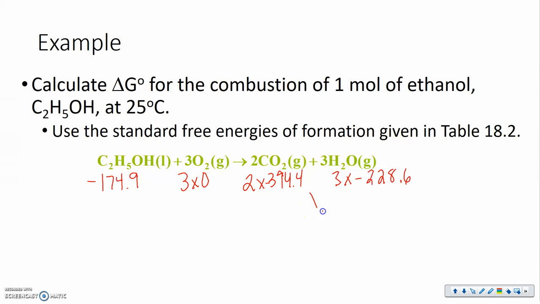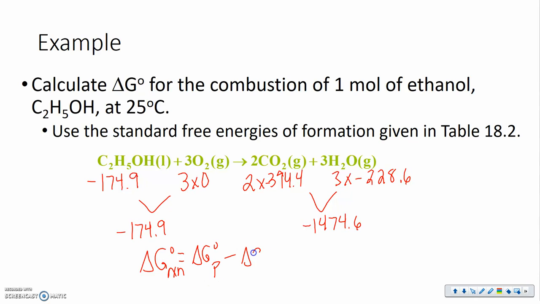So you would do the total products, the total reactants, so for the whole reaction, it would be the products minus the reactants. These are typically also reported in kilojoules.